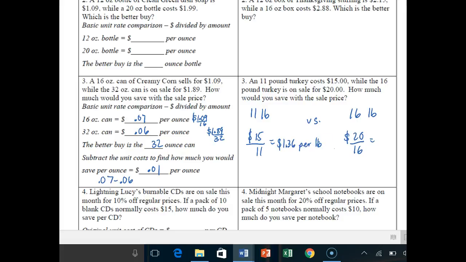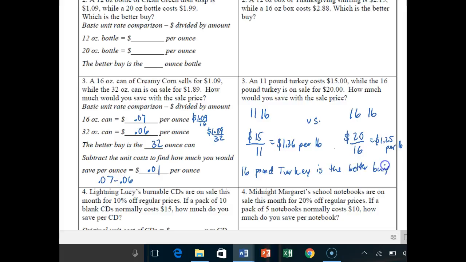And then 20 divided by 16 gives you $1.25 per LB. So how much do I save? So the 16-pound turkey is the better buy.